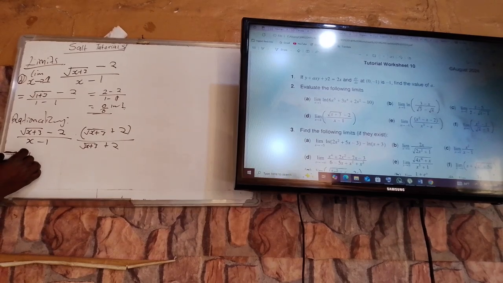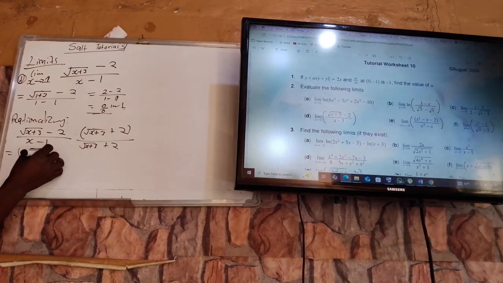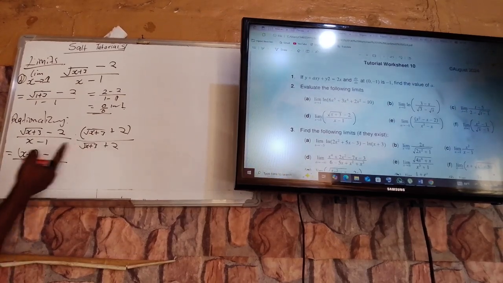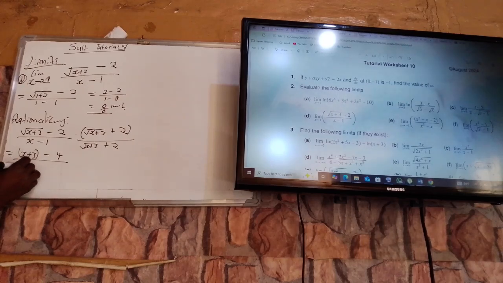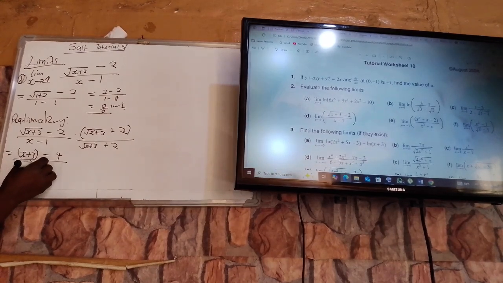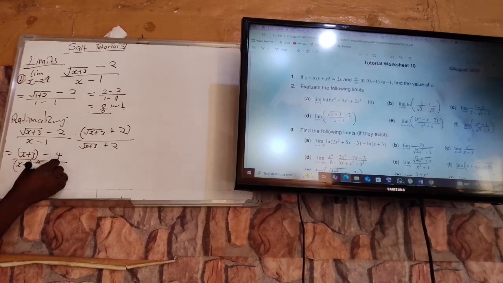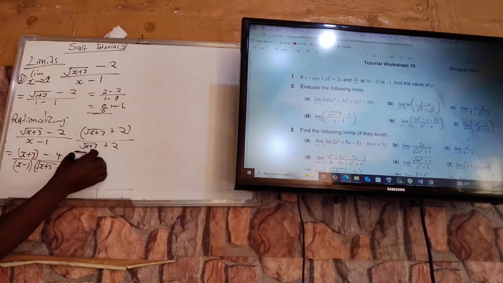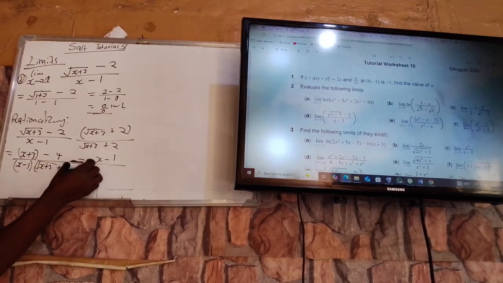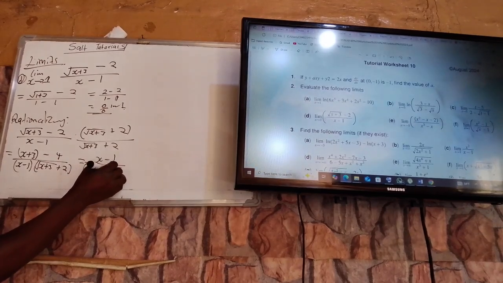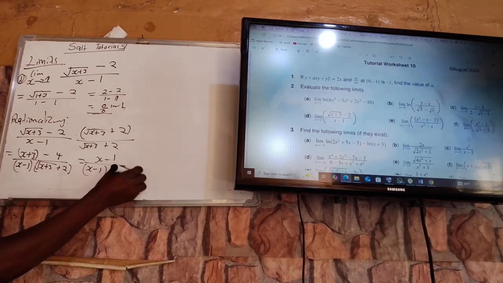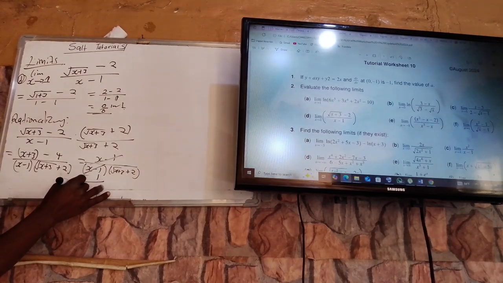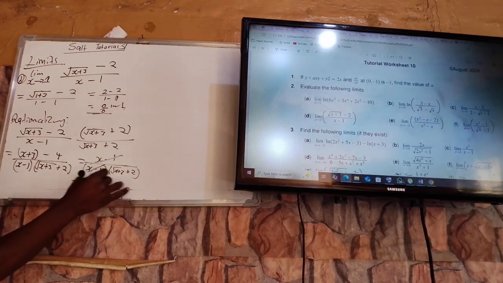So this will become x plus 3 minus 4 over this, and this becomes x minus 1 times root of x plus 3 plus 2, so that we can have this, and that is x minus 1 over x minus 1 root of x plus 3 plus 2, so that this and this can go, and we're going to have 1 over root of x plus 3 plus 2.